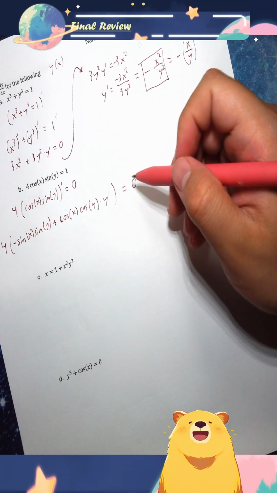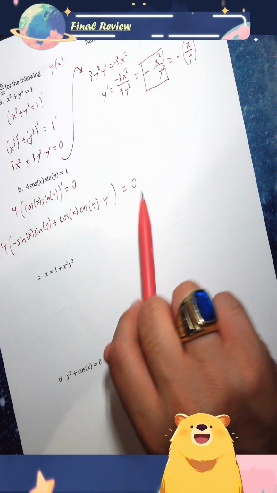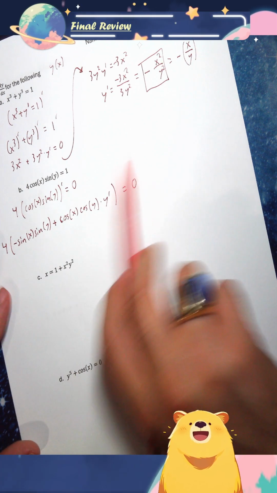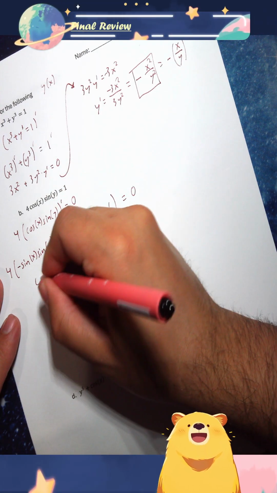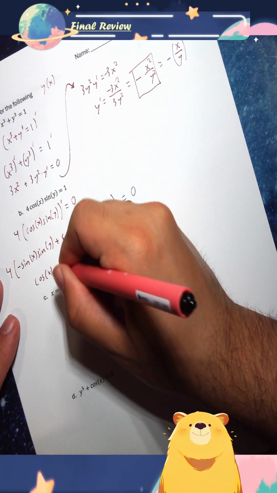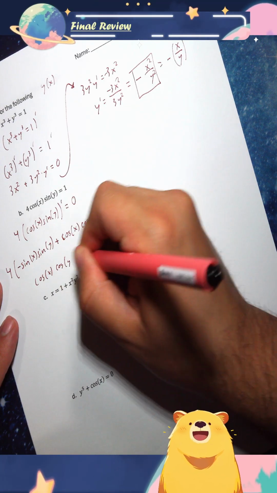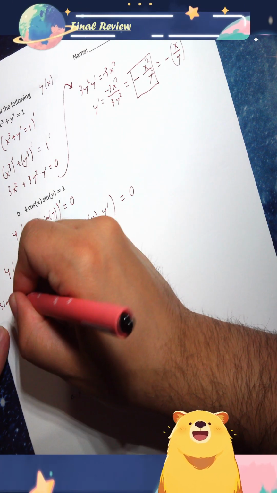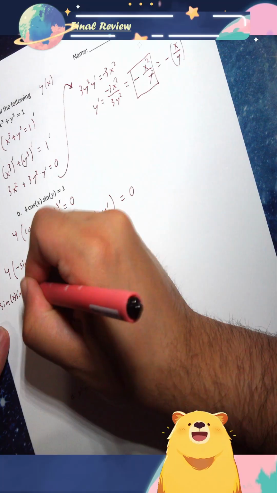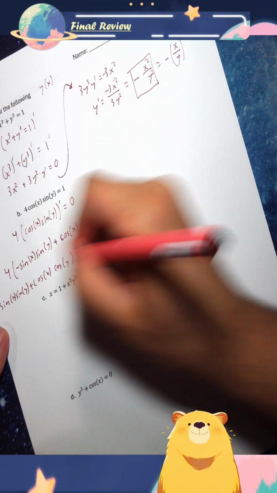So now I just need to solve for y prime. I'm going to take advantage of the fact that this is equal to 4 and divide by 4 from both sides to get 0. And so I have cosine of x, cosine of y, y prime, negative sine of x, sine of y. I was about to skip a step.